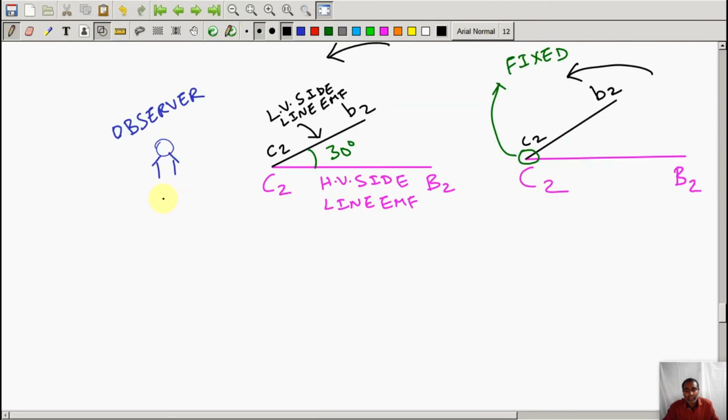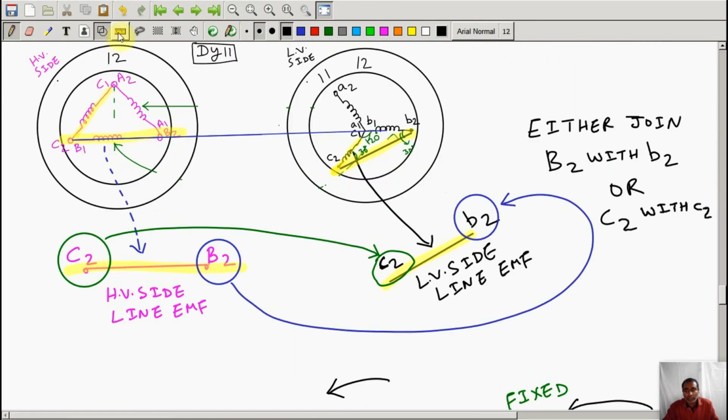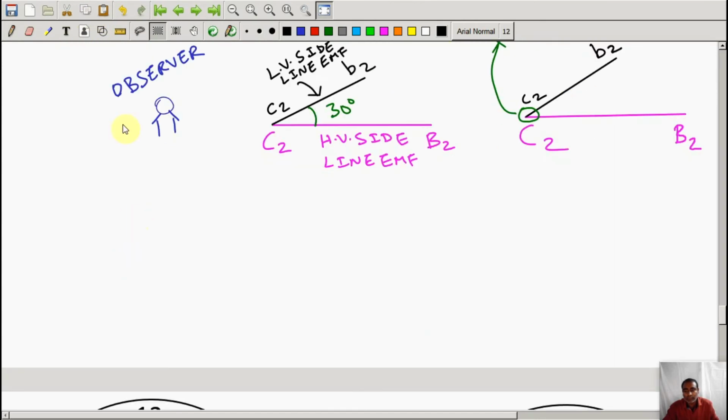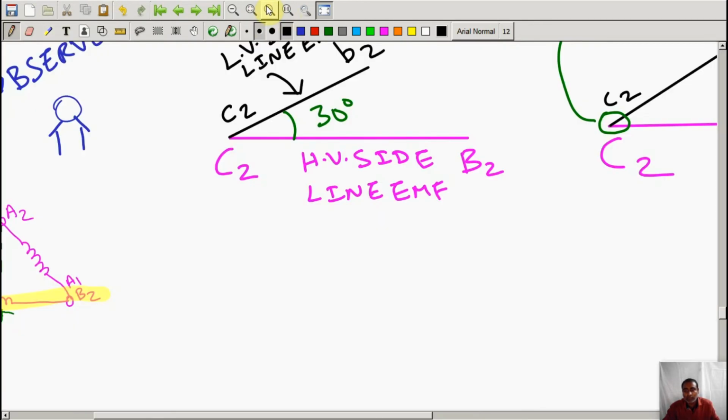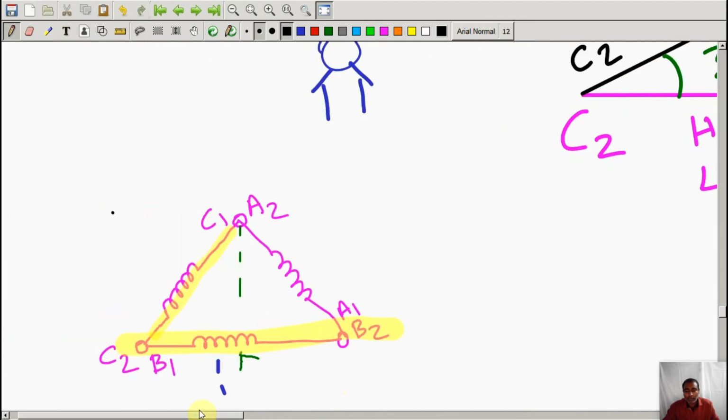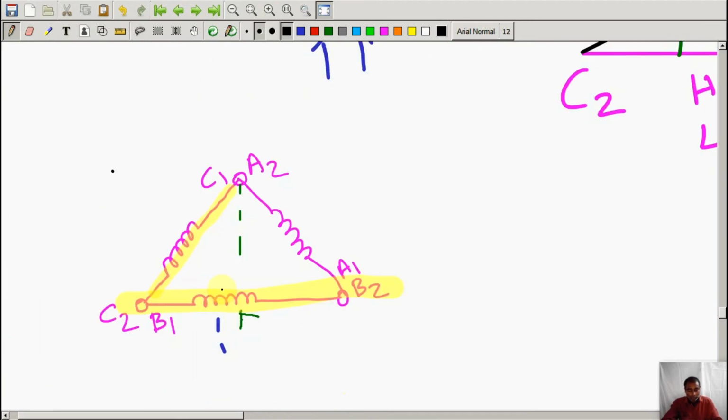Let me copy this one once more. I am only taking this portion. Now you will see that over here you write this in cyclic order.